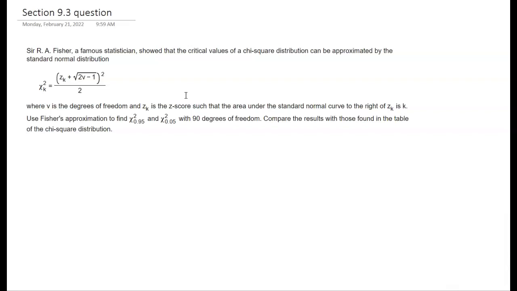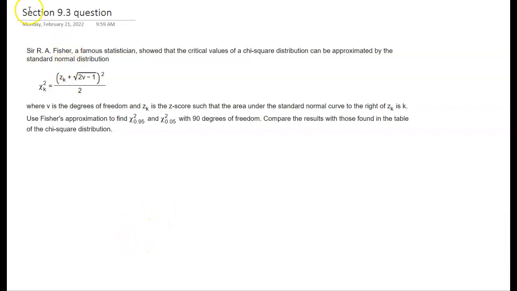Then you're asked to use the Fisher's approximation to find the chi-square at 95% and 5% with 90 degrees of freedom. There's a lot of words in here, but it's actually a super simple process using StatCrunch.